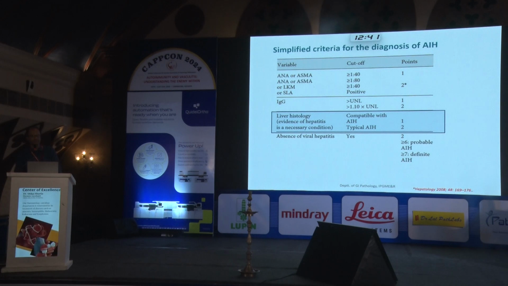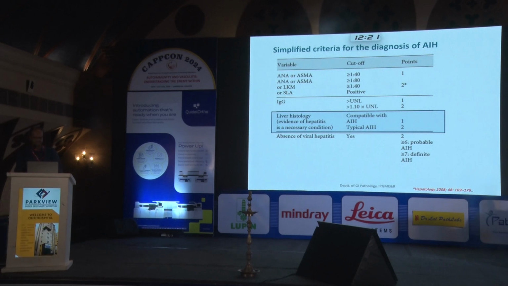Now, several scoring systems were developed for diagnosis of autoimmune hepatitis, mainly for research initially, but now used routinely in clinical practice. The simplest of them is the simplified criteria, which is accepted by the International Autoimmune Hepatitis Group.